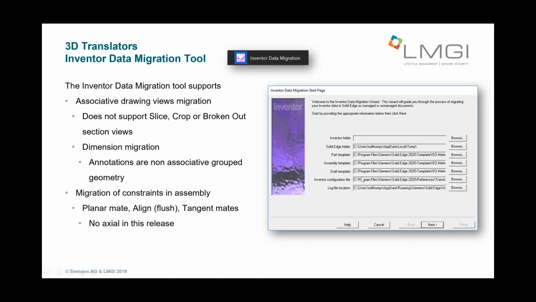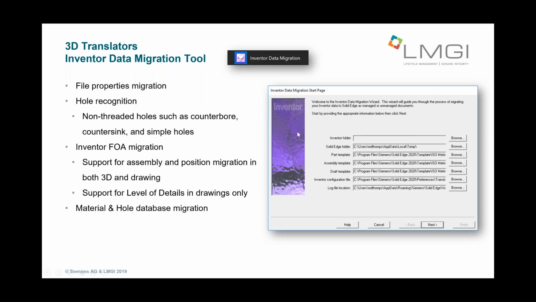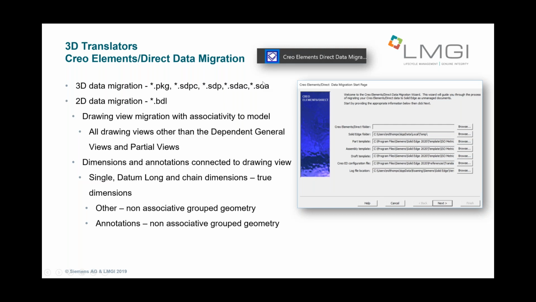So here's the Inventor migration tool. And this again, now each of these, I should mention, to get the full associativity of the drawings to the model and the mate conditions in the assemblies, you need to have the native system somewhere on your network or on your computer.